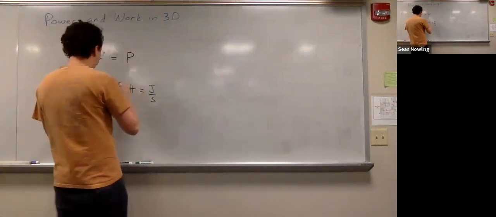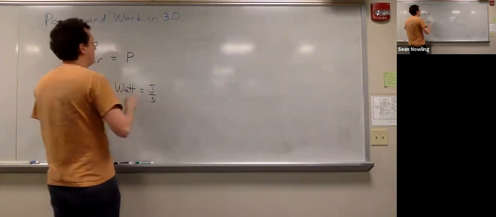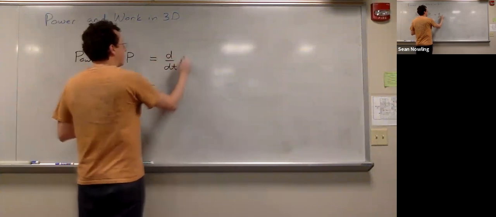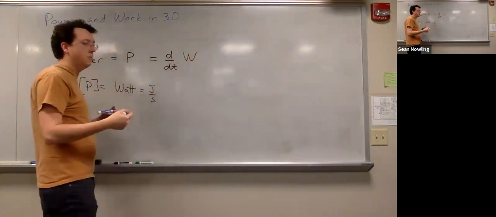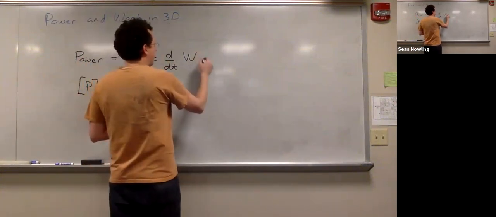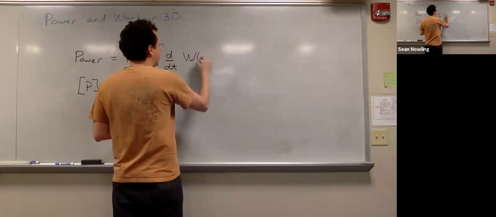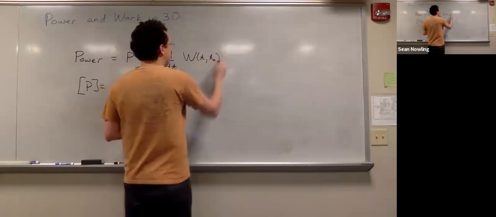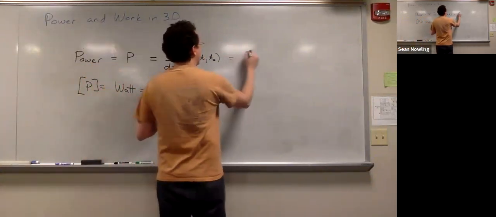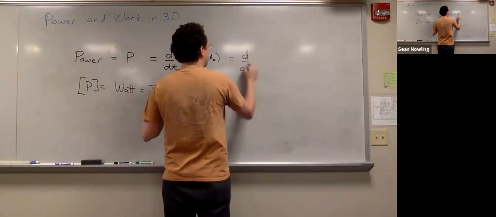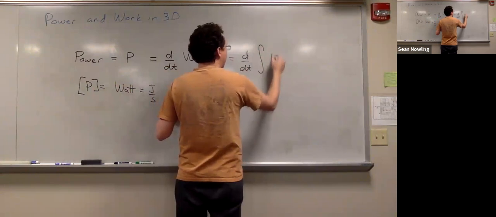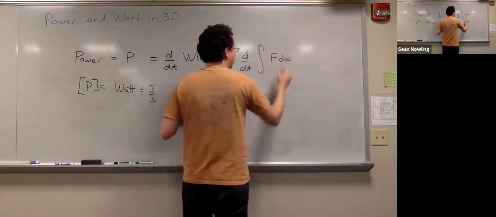We're going to define power to be the time derivative of work, where the work is evaluated between time t and some initial time. So if I write down the definition of work, that would be the derivative with respect to time, acting on the integral of F dx.